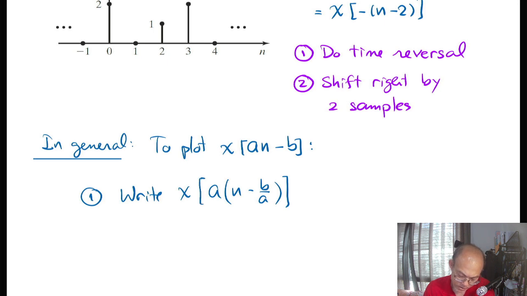If a is minus 1, then it is just the time reversal. Then plot x of a n.